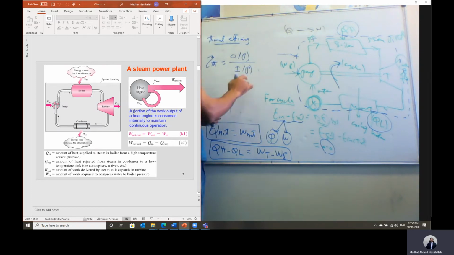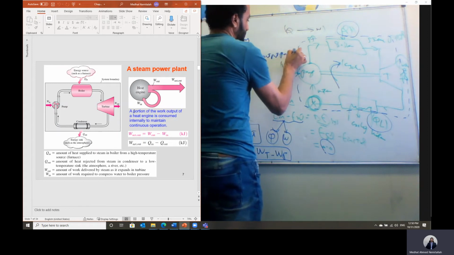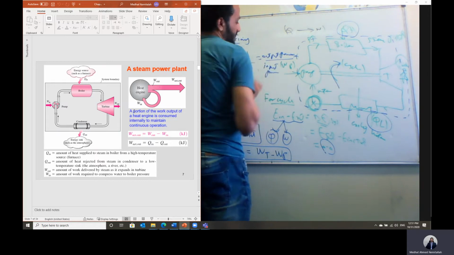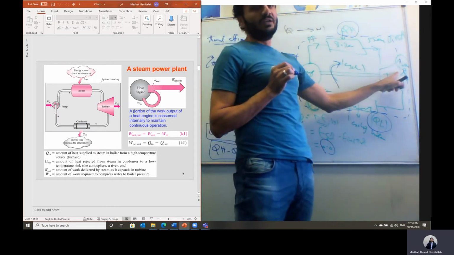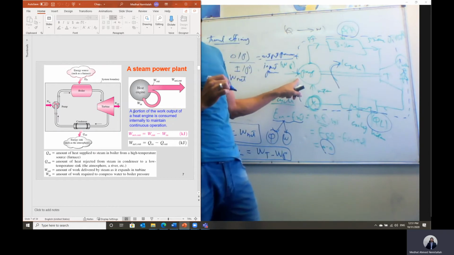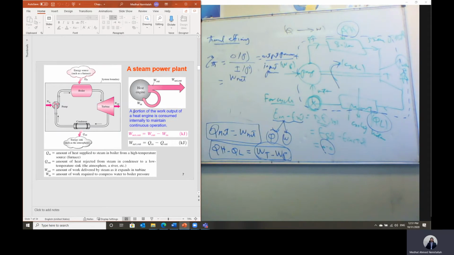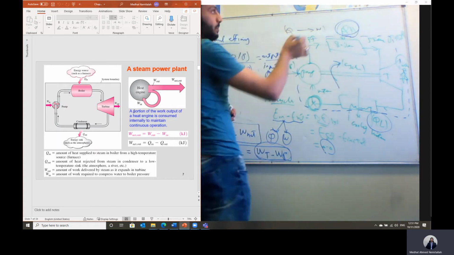This is the net output power divided by the input power in this case. But what we get from this system is what? The net work, not the work out of the turbine, because part of this work will be consumed in the pump. What we get is the net work, the difference between the work of the turbine and the work of the pump. This is the output of this thermal cycle, we call it a heat engine in this case. Divided by what we give to the system, the input power to the system, which is the heat added here through burning fuel.